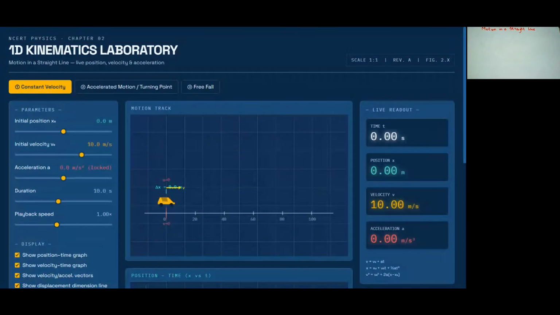So, this session covers concept building through the simulation. That means animation. In the next 30 minutes, I am going to build the entire chapter's core ideas in your mind using a live simulation.